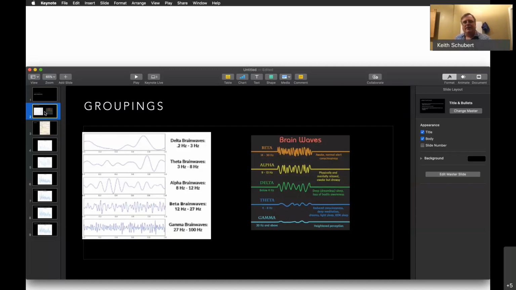When you go to alpha, it's often listed as 9, but that's just because they're walking by integers. So anything above 8, and it will vary in range. I've seen 12 on the low end, 13 is pretty typical, and I've seen 15 and 17 mentioned by some people as the alpha wave barriers, but 9 to 13 is probably the best overall consistent range you'll see for alpha waves.